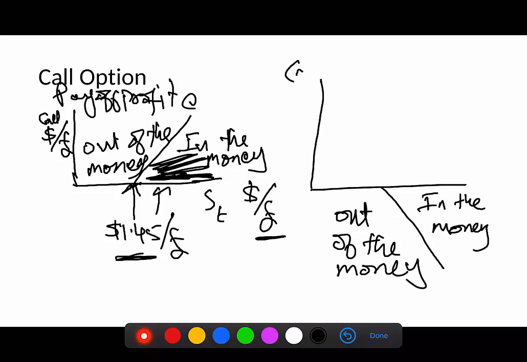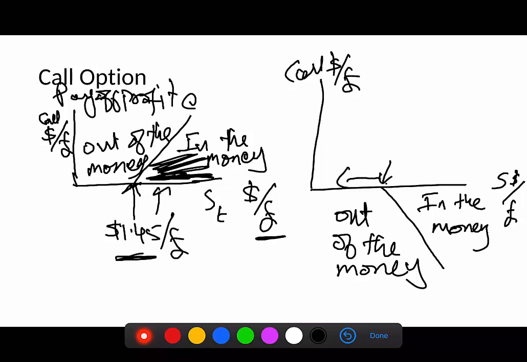Again it's dollar per pound, and over here on the x-axis is the spot rate, dollar per pound. The call option seller wants the spot rate below this area.